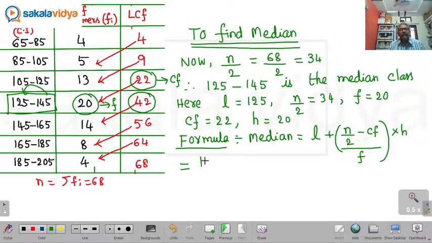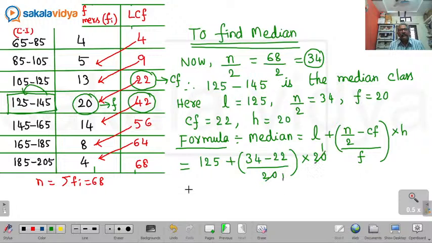L is 125, plus n by 2, that is 68 by 2, 34, minus CF, 22, upon F, the frequency of the median class, 20, multiplied by H, 20. Very logical, 20 and 20 cancel. So 125 plus 12; if you add 12 to 125, you get 137. Therefore, median is equal to 137.